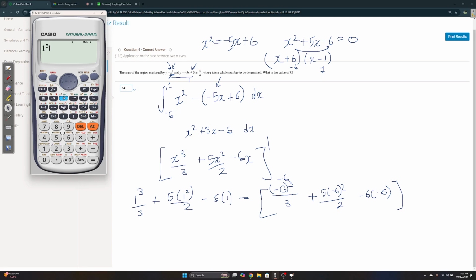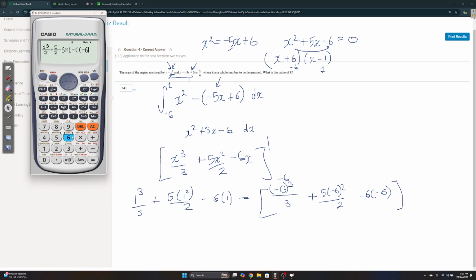1 cubed over 3 plus 5 times 1 squared. 1 squared is just 1, so I'm not going to write it. Over 2 minus 6 times 1, and then minus, open bracket, minus 6 cubed.